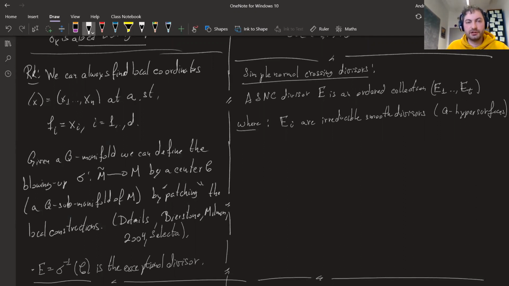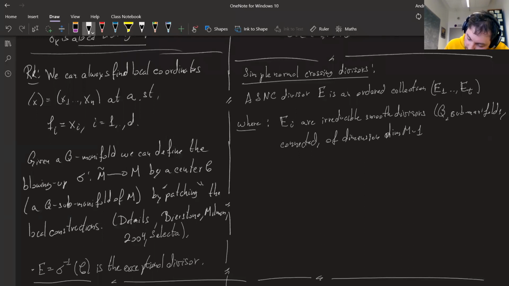With the notation that we just used before, each Ei is a connected submanifold of dimension n-1. And if we take all of them, they are normal crossings.